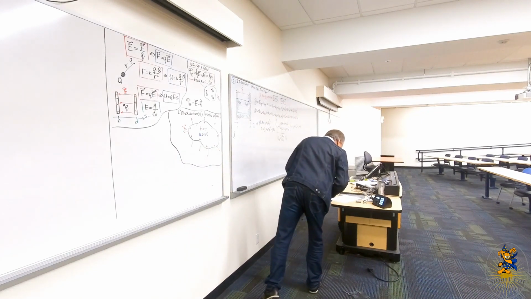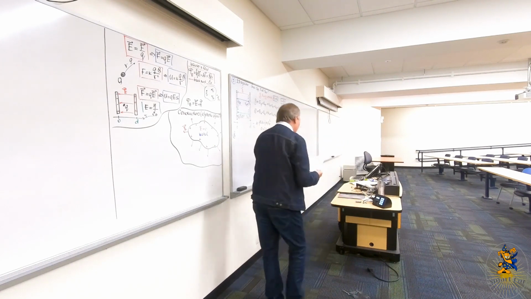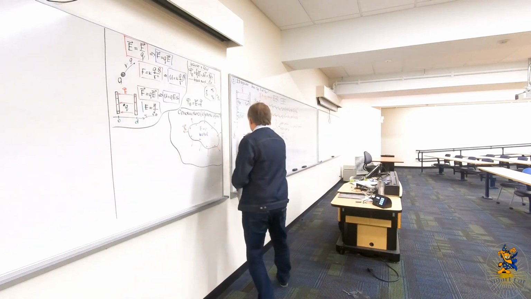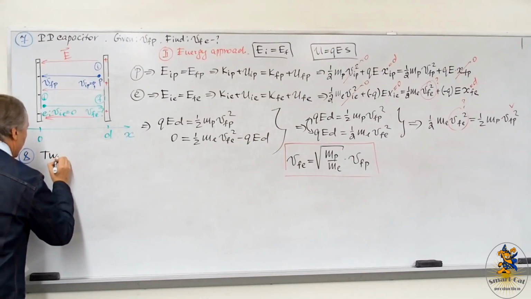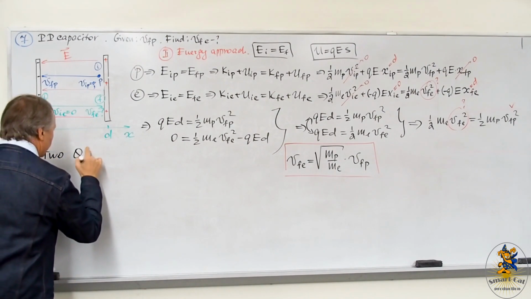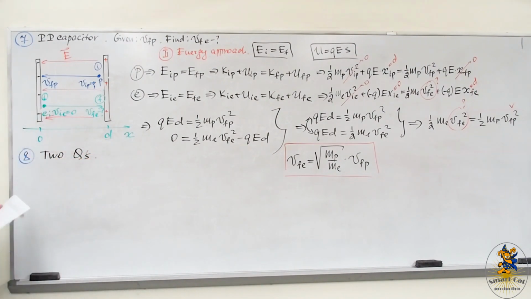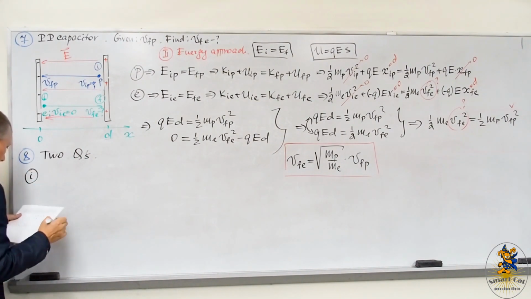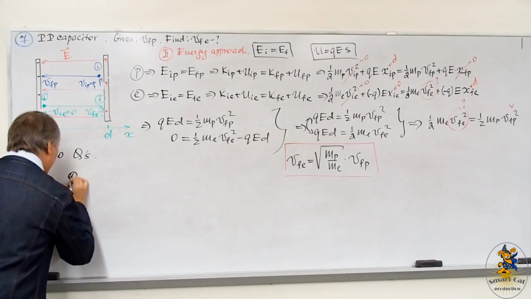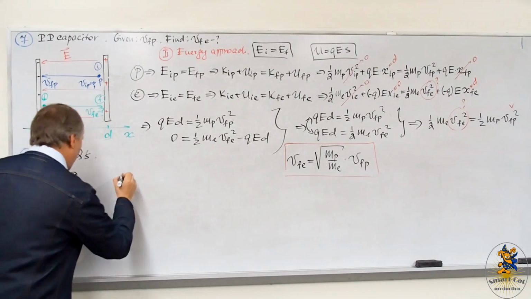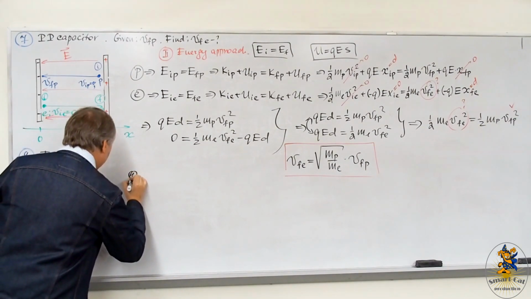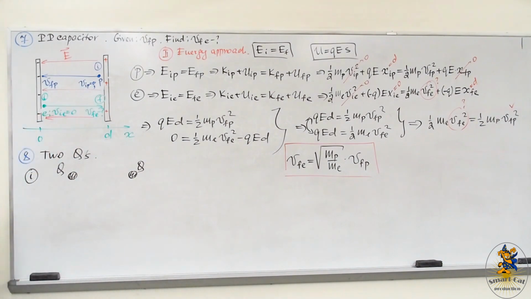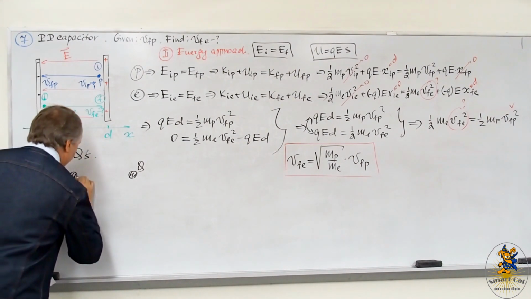So, two equal charges. So we have two Q's. Initial situation: here charge Q, here charge Q. Distance between them is D.